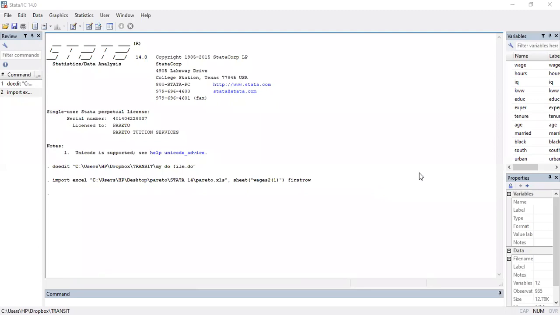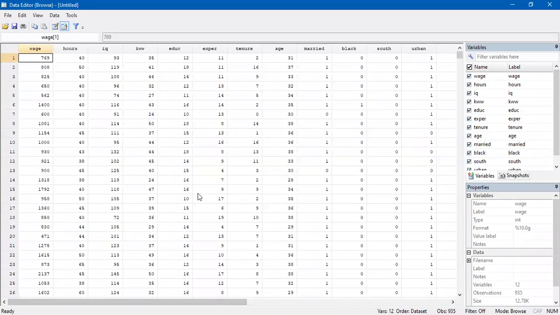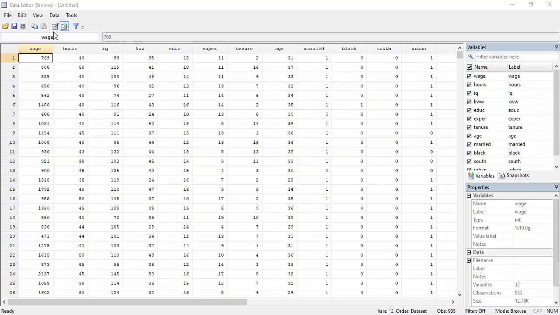Okay. If you look at our data, please let's browse the data in. So just type browse. It will open the data window, the browse window. So I'm sure you have this on your screen. This is the data set that we have. Okay.